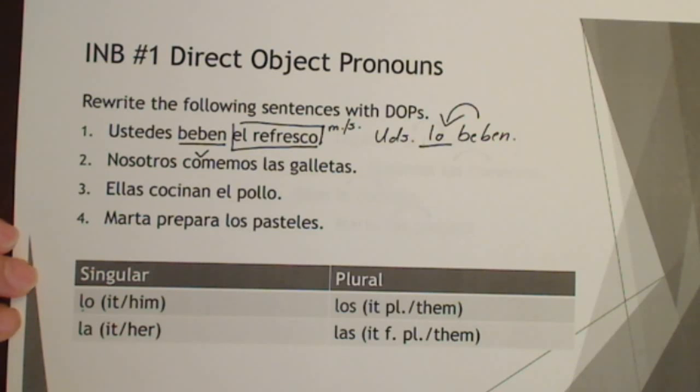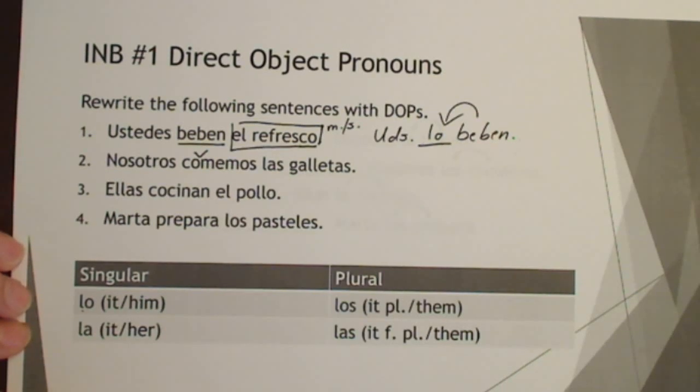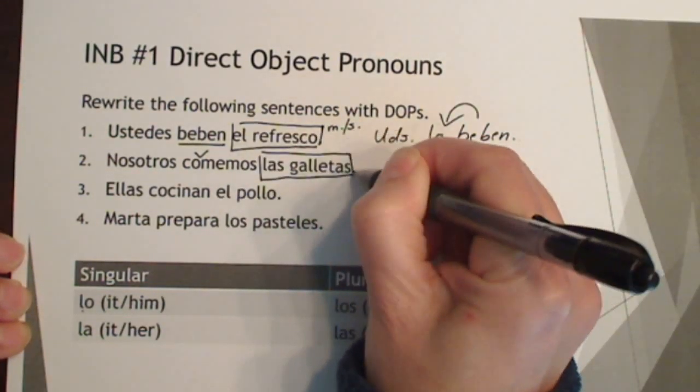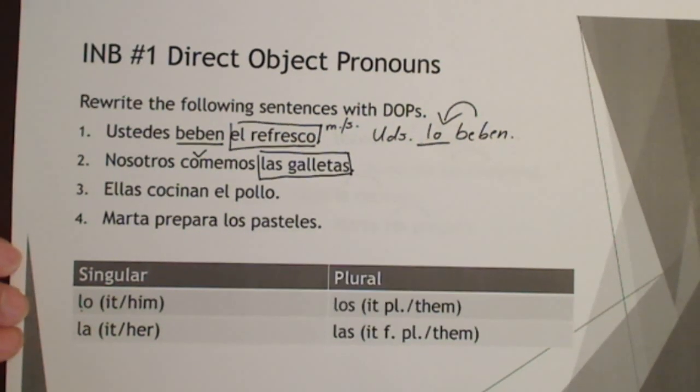All right, so hopefully you did pause it and you gave these a try. If not, let's go through them right now and do them together. Okay, so nosotros comemos las galletas. We eat the cookies. What do we eat? The cookies. So this is what you have to get rid of. And you have to get rid of both words because you're not going to say, I eat them, or I eat it. You know, the it.